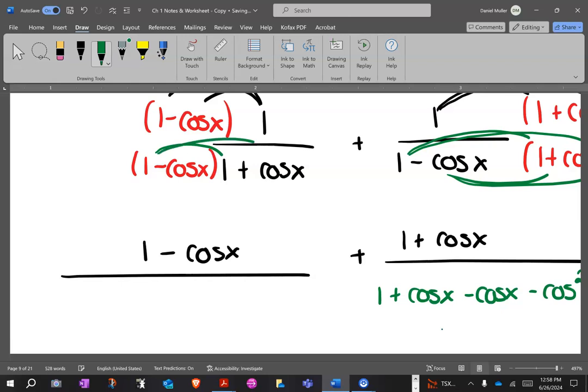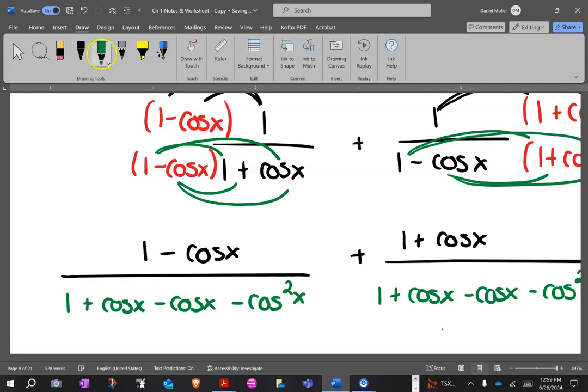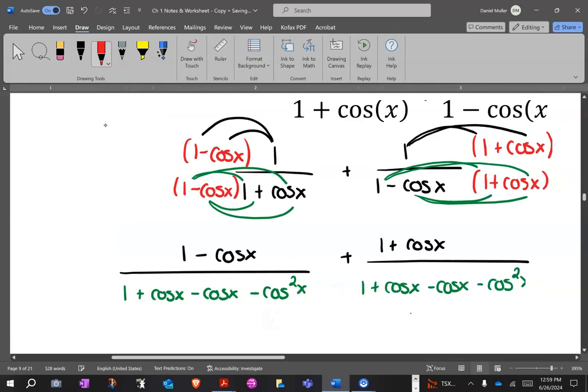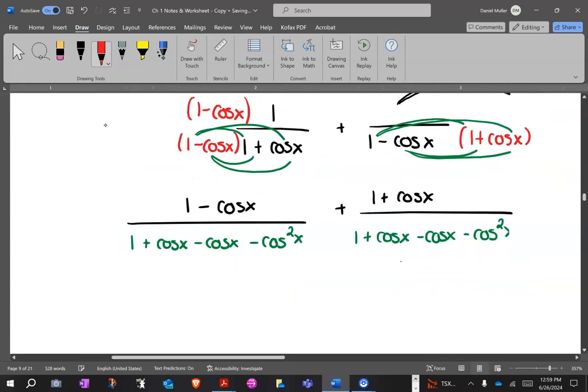So 1, positive cos, negative cos, and a negative cos squared. And in both of these cases, because there's a common denominator, they are the same, these coses can cancel.